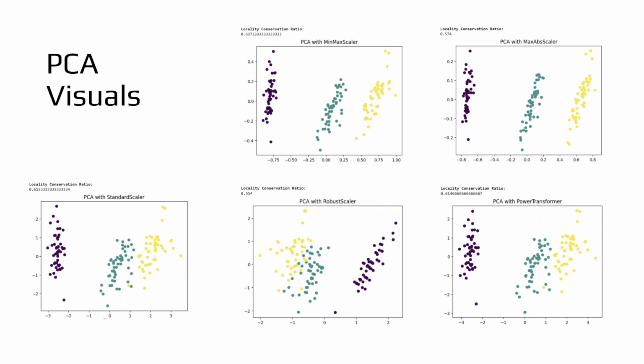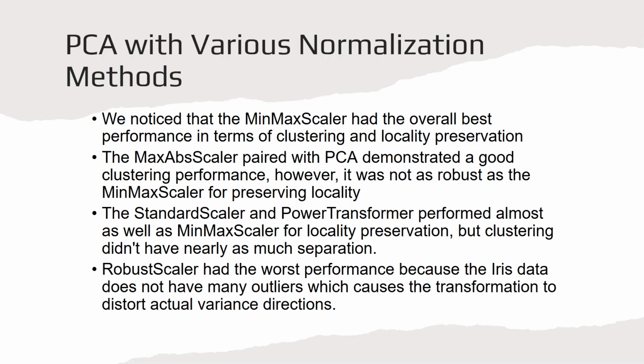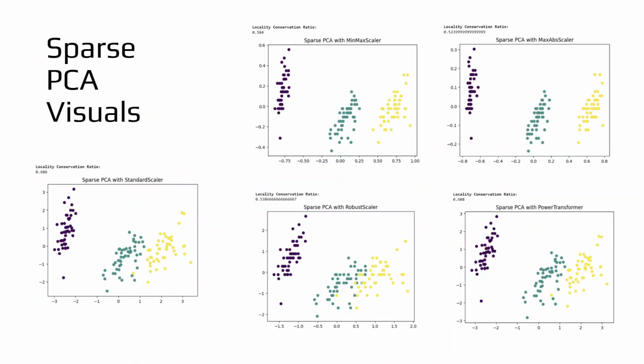And the power transformer is also similar to the standard scalar, and it just centers the data to be more Gaussian-like. I just explained all of these points on that previous slide, but just reiterating that the min-max scalar worked the best, and max-abs was also good for clustering performance. And standard, power transformer, and robust all had some confusion for the classes.